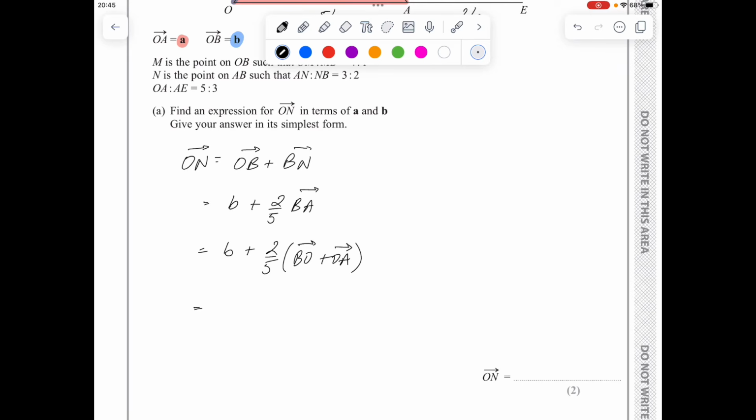And I can replace the vector BO with minus lowercase b, and I'll replace OA with lowercase a, and then it's just algebra. I will just expand minus 2/5 b plus 2/5 of a, and if I simplify, ON is 2/5 of a plus 3/5 of b.